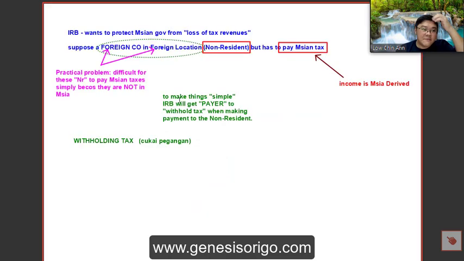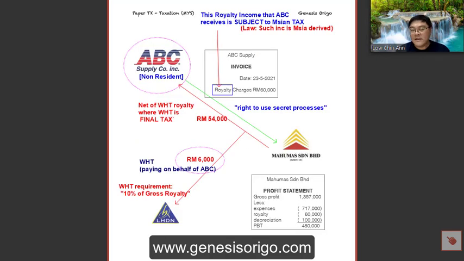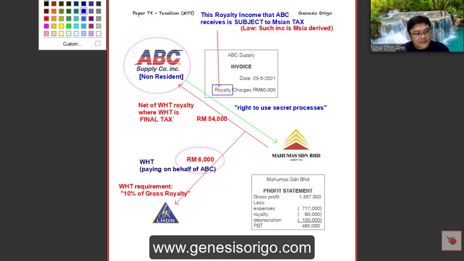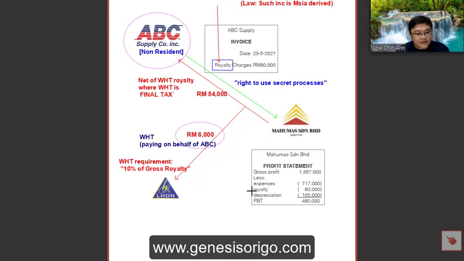Now, why are we having that system? Remember, the logic is that the government wants to protect itself from losing revenue. So they need to make a very simple system to make sure that at the end of the day, the government gets the money. Now, notice that this payer, Mahuma Sendirian Berhad, at the end of the day, the royalty is 60,000.